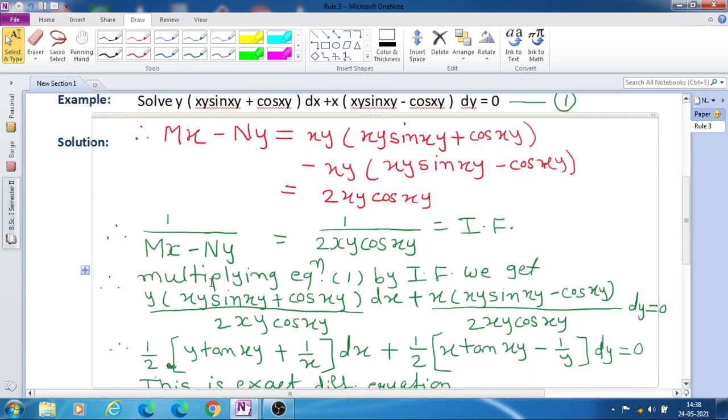Therefore we get integrating factor 1 upon Mx minus Ny is equal to 1 upon 2xy cos xy, which is nothing but the integrating factor.